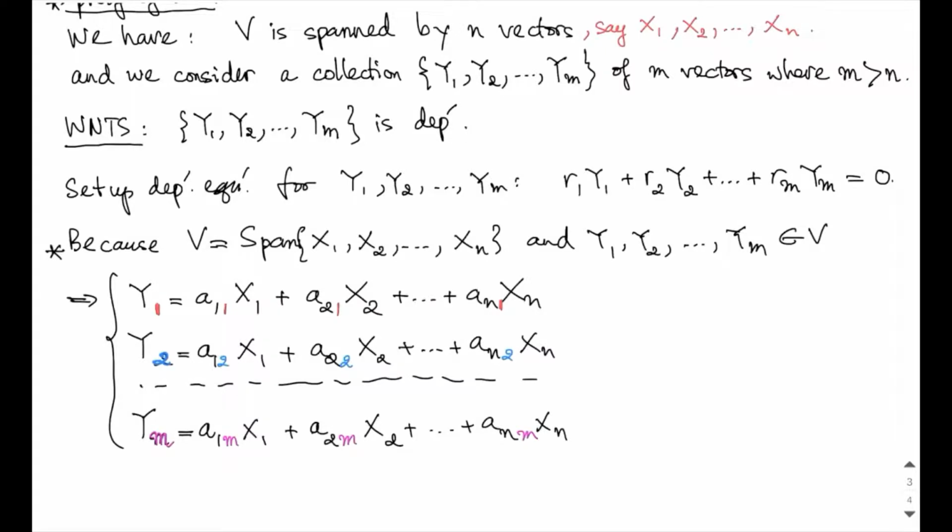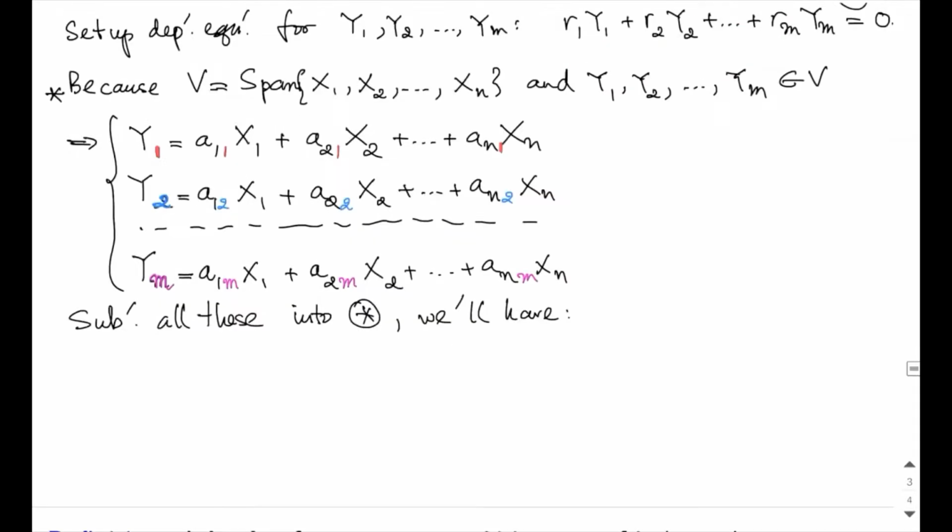Now we are going to substitute all these into the dependency equation for y. When you do the substitution, the whole thing here will be multiplied with R1. You will have to distribute R1 into each of the terms here. And then when you substitute y2, which is the sum here, with index 2, you will have to distribute R2 into the terms here.